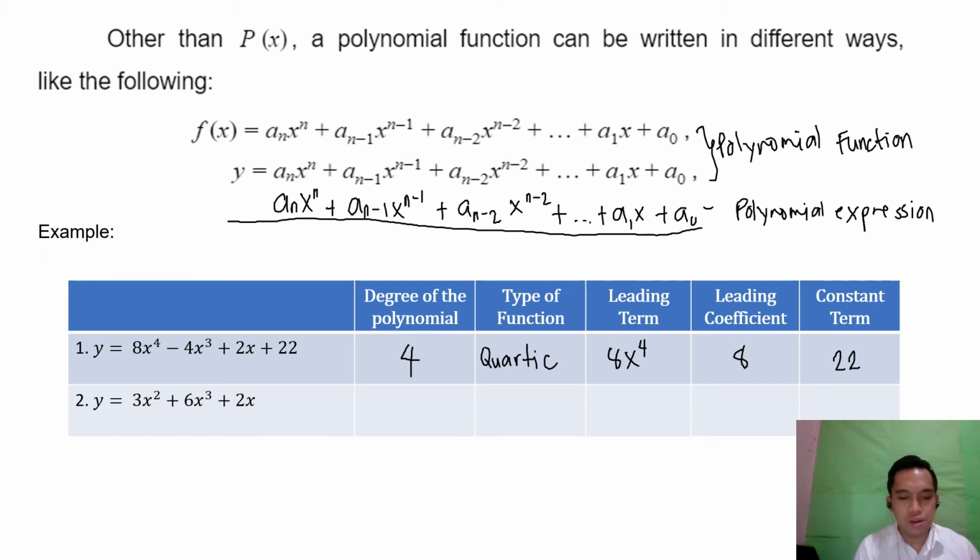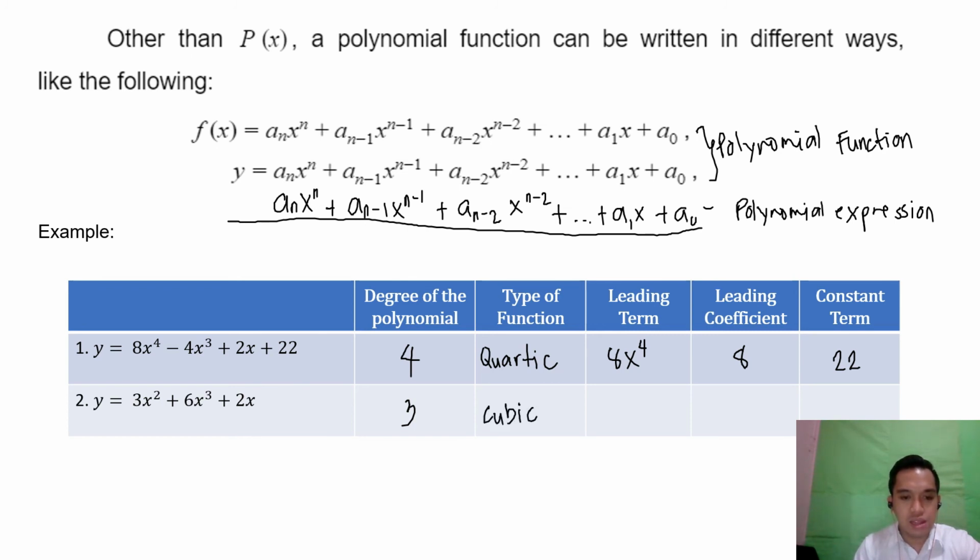Okay, so number 2, we have y equals 3x squared plus 6x cubed plus 2x. Okay, so dito class, ang ating degree of the polynomial, yung pinakamalaki na exponent ay 3. At anong type of function siya? Cubic.